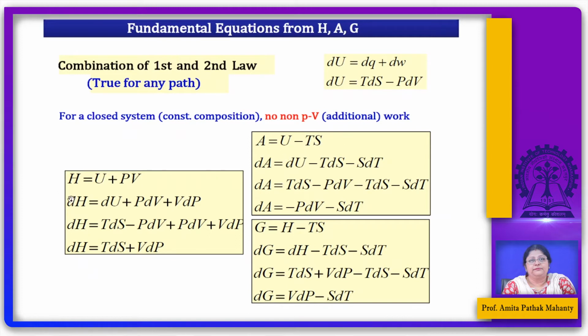Similarly, you have two more thermodynamic potentials, and you can rewrite them from their definition. This is the definition of A, the Helmholtz energy: U minus TS.